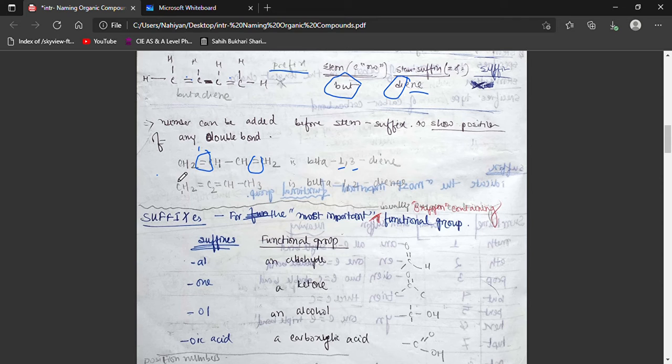So we always choose the shortest route. For instance, we might have an OH here. The shortest route to this OH would be from this carbon. So we should be counting from this carbon. So it's 1, 2. However, what we say is that this could be the shortest route as well.